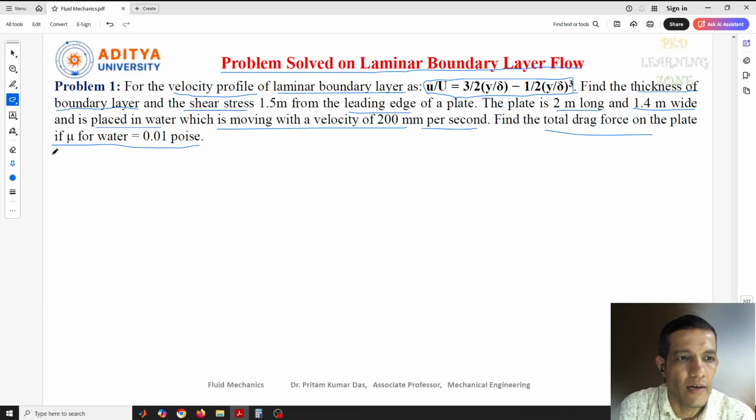Here I'll write the data given. First of all, the velocity profile.